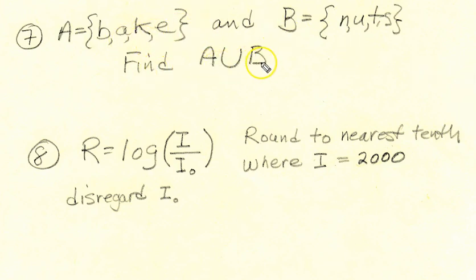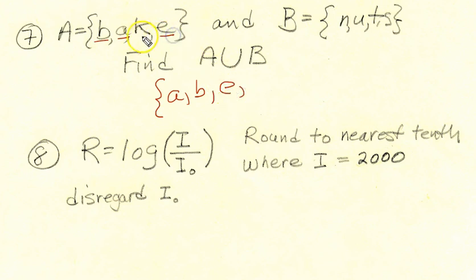In set operations, we're asked to write the union of set A and B, and we want a strategy. Well, you're going to list everything once. A, B. If you want to do it alphabetically, I think that would be a good idea.